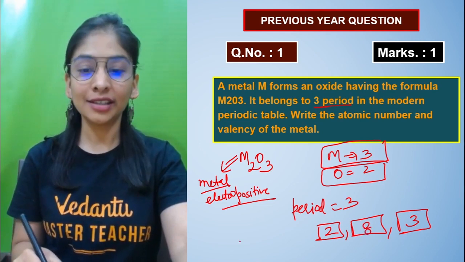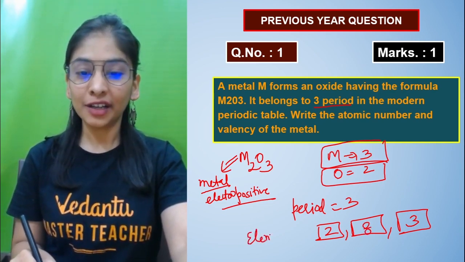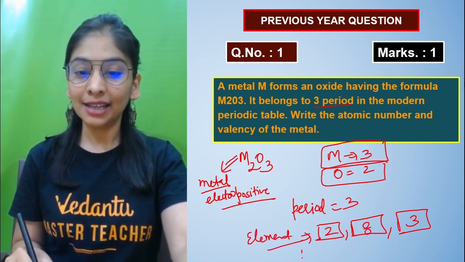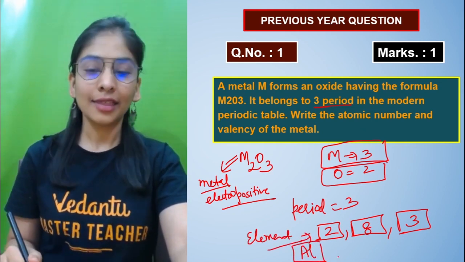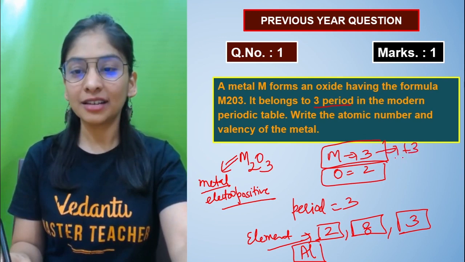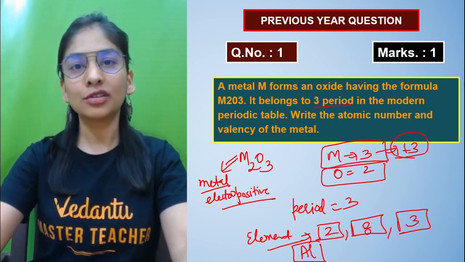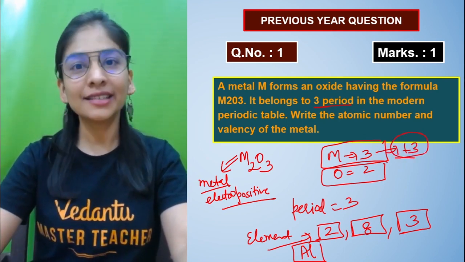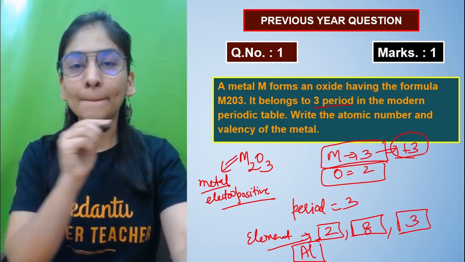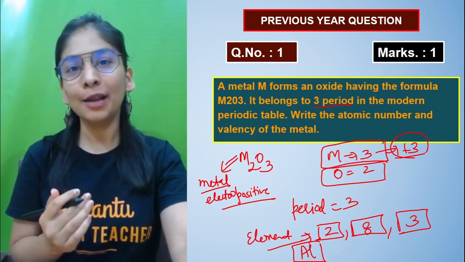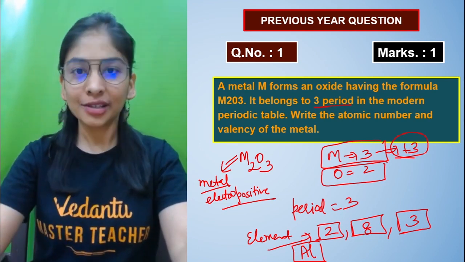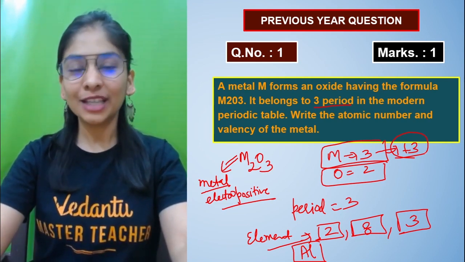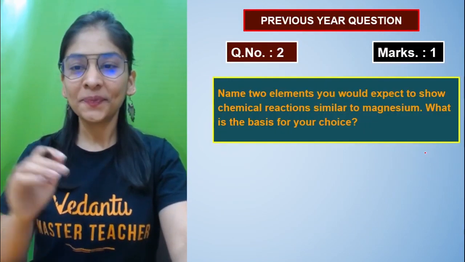So here we decoded that the element's configuration is 2, 8, 3. That's nothing but aluminium. The valency of the element is 3, or you can also say plus 3, because a metal believes in donating electrons, so plus 3 also. Isn't it an easy question? So as I said, mark the important points and this will help you solve the questions, maybe decode it. Yes, students. Okay, we'll move to the next question.